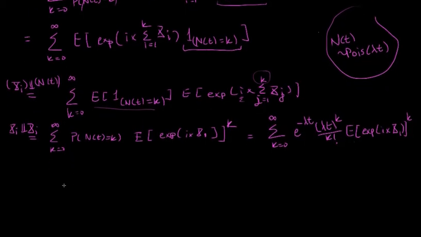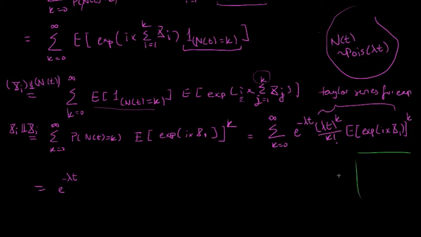And basically what we see now is I have e to the minus lambda t outside, and then I have the sum over k's for lambda t multiplied by this thing to the k divided by k factorial. And we recognize the Taylor series for an exponential expression, since we know from numerical analysis, if you guys can remember that.